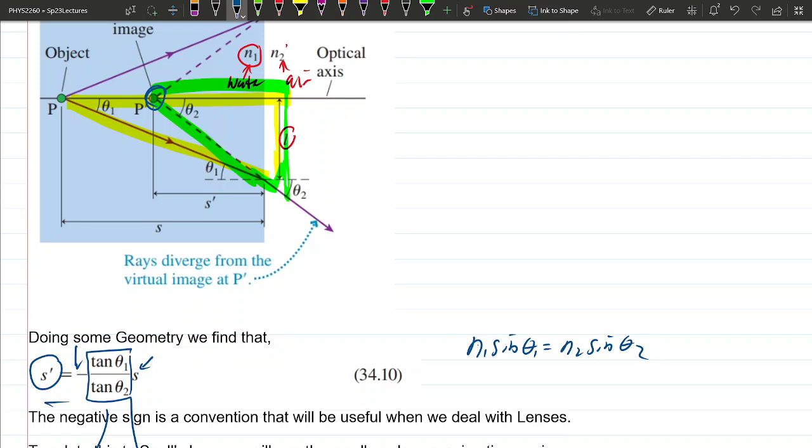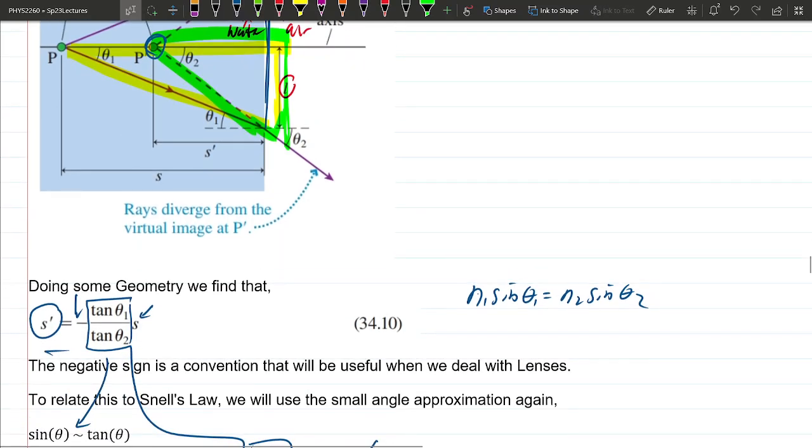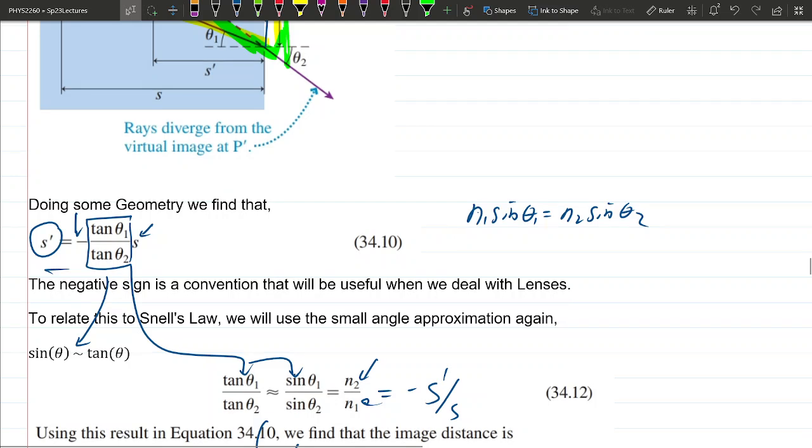We're going to see in the next section that this is actually going to be considered a lens, and how that's going to play out. So for now, just ignore the negative sign. It's going to be important in the future, whether or not the image will form in front of the lens or after the lens.